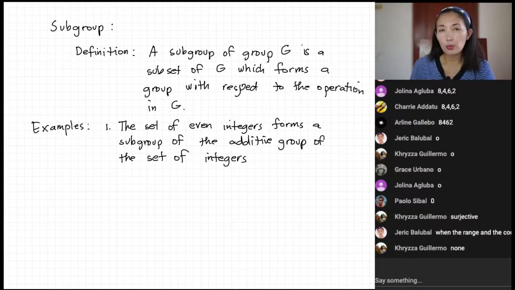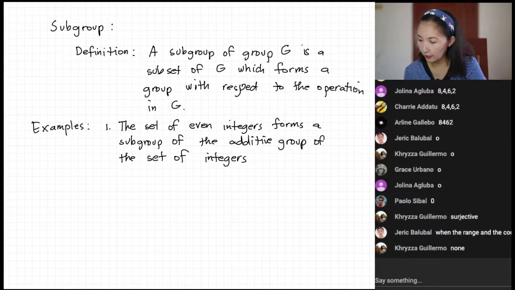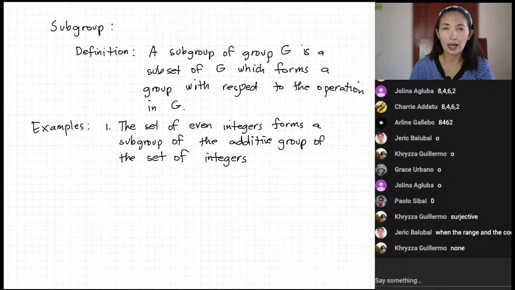Now, the set of integers includes your even numbers. Yes, so it's a subset. Your set of even numbers is a subset of the additive group. Identity element is 0, I should say.